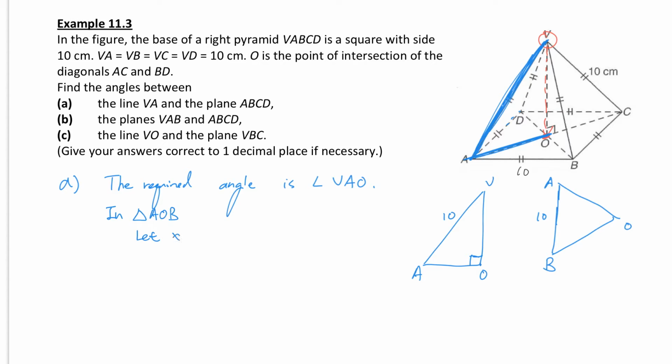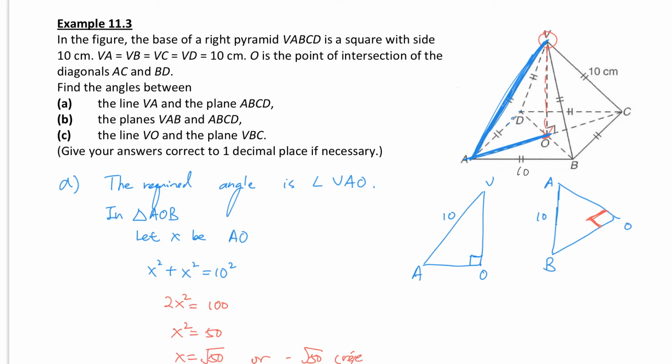Let x be AO. x squared plus x squared is equal to 10 squared. It is because of the property of square, this is equal to 90 degrees. So I can find x. 2x squared is equal to 100. x squared is equal to 50. x is equal to square root of 50 or negative square root of 50.